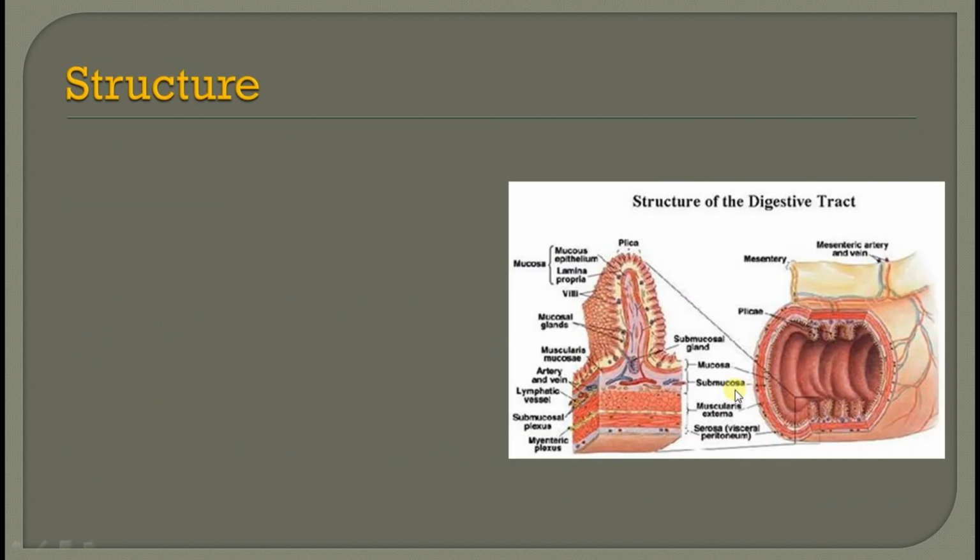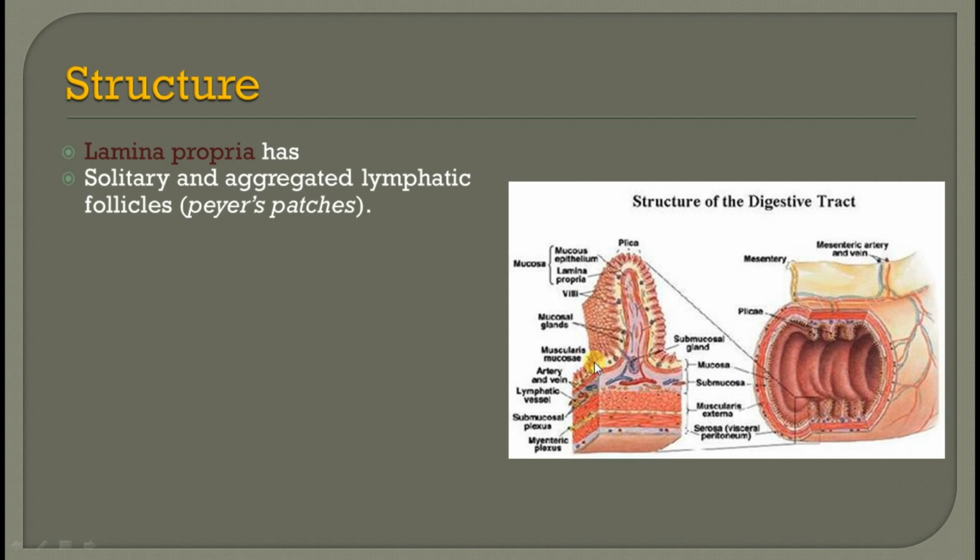Here you are able to see the mucosal folds. These folds are called the valves of Kerckring. These folds are resting on the lamina propria, the supporting layer beneath the epithelium. What is projecting into the lamina propria are the lymphatic follicles.